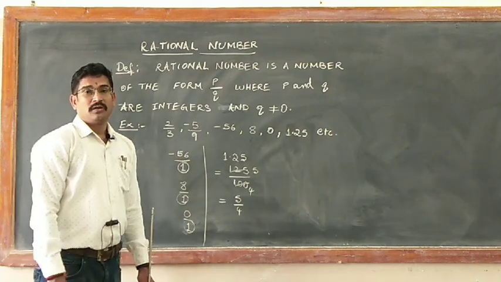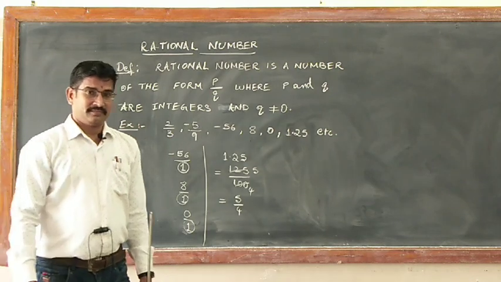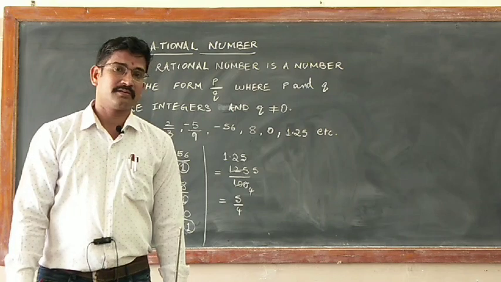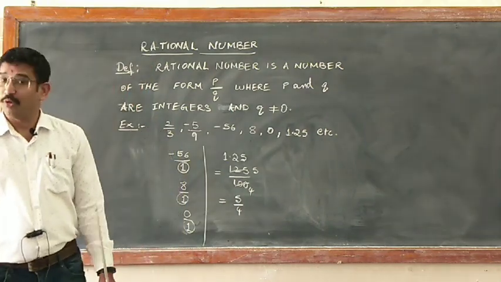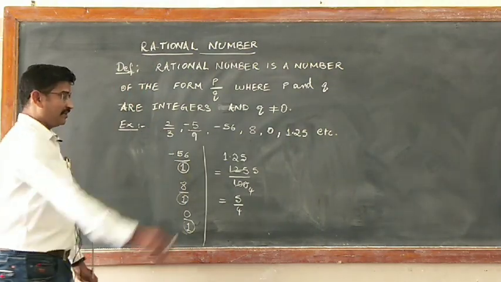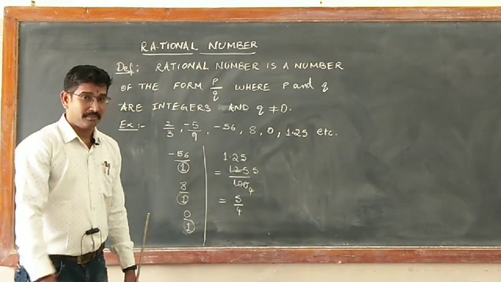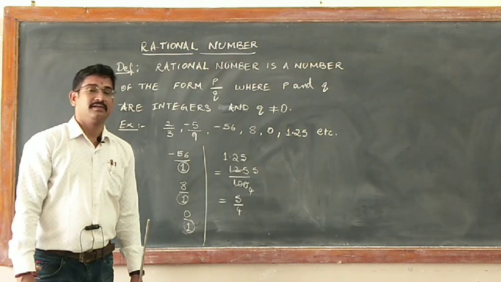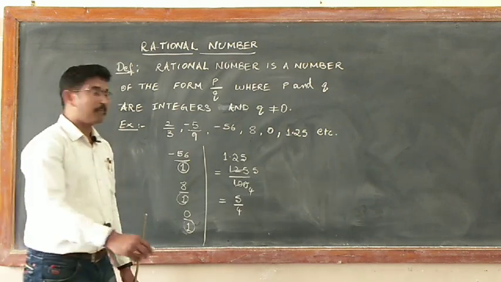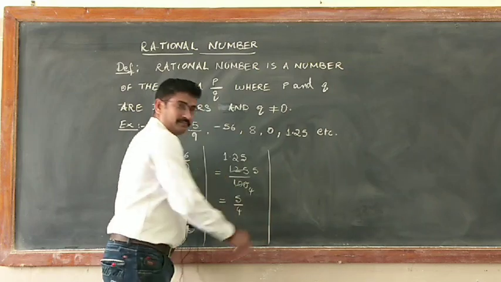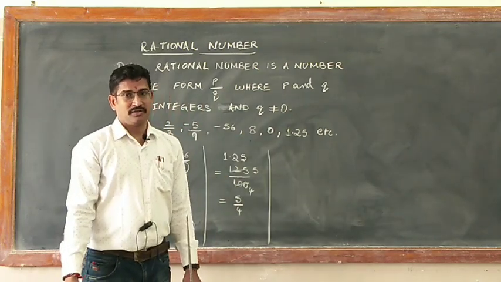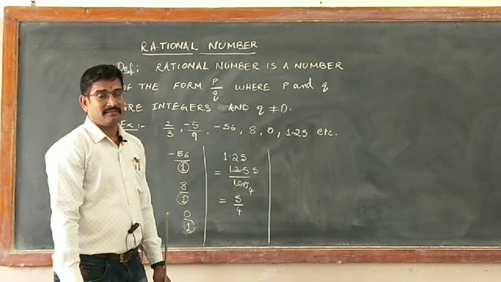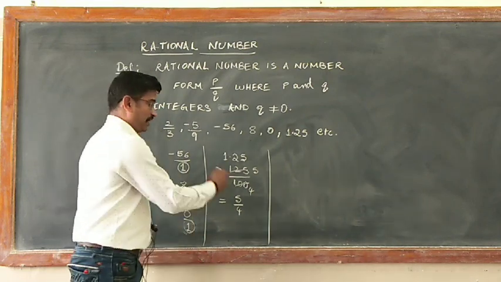Now we get a question: are all decimal numbers rational numbers? Obviously, here 1.25 is a rational number. It does not mean that all decimal numbers are rational numbers. Let me provide you one example in which you may get a doubt in converting it into the form of p by q.